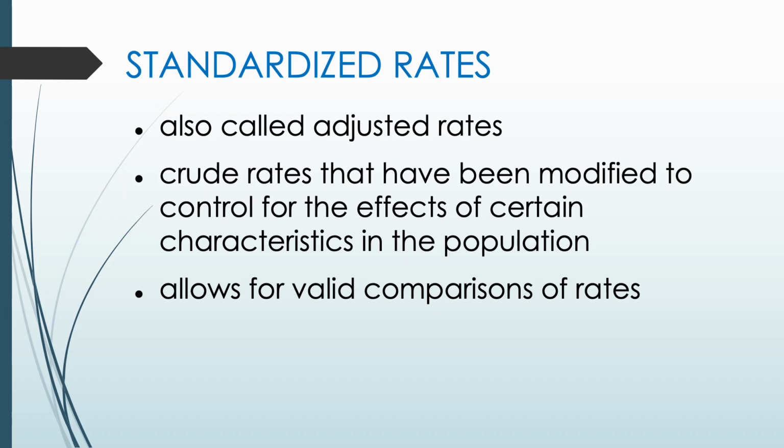They are crude rates that have been modified to control for the effects of certain characteristics in the population and allows for a valid comparison of rates. A fair comparison can be made between two populations as long as the comparisons are made using indices, measurements, or values adjusted using standardization.